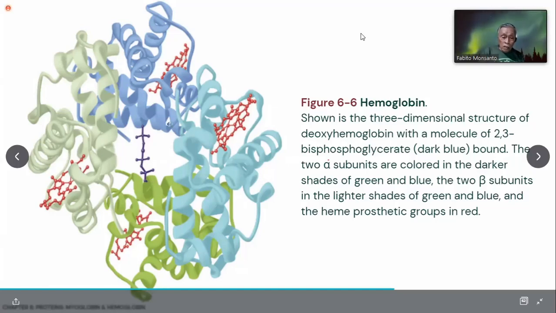Okay, so what is this black thing? This black thing is a molecule produced in the glycolysis of glucose known as 2,3-BPG, or 2,3-bisphosphoglyceric acid, or bisphosphoglycerate.